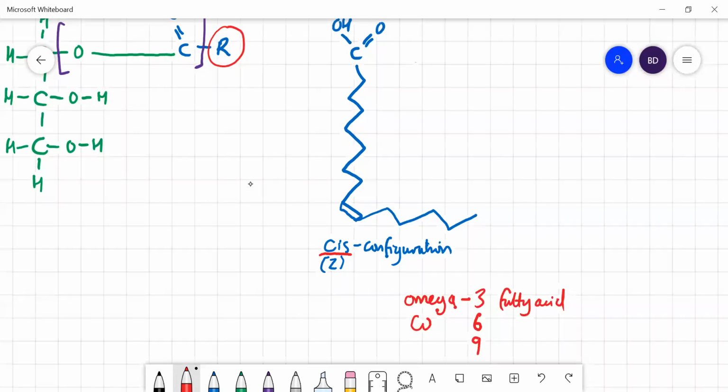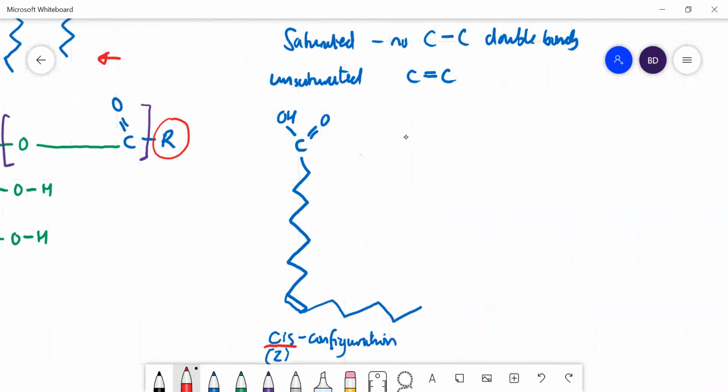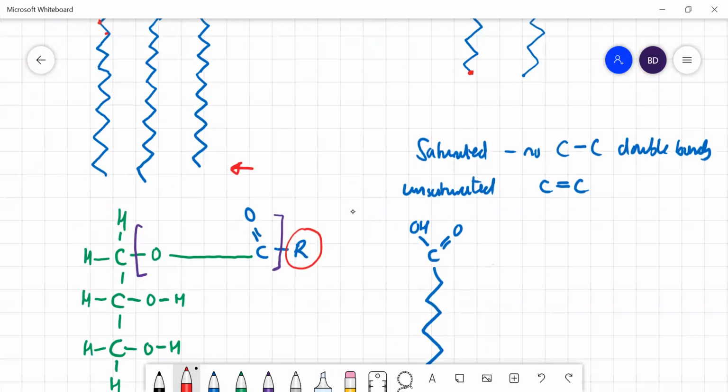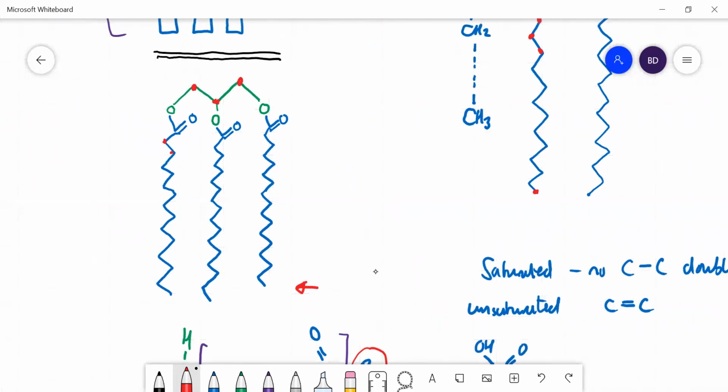Before we finish up, let's think about why we call these fatty acids. Fatty, in biochemistry and chemistry, means there are no polar groups. It's non-polar, which means it is hydrophobic.